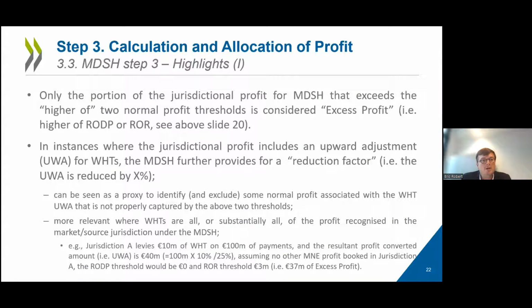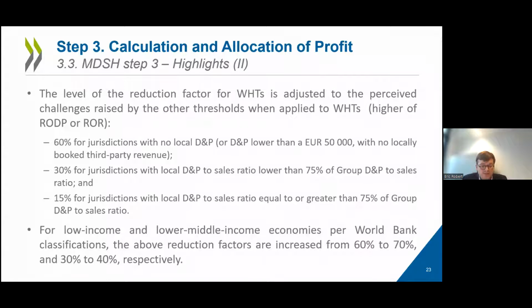If we look at the next slide, you will see that in terms of mechanics, the reduction factor has been designed with percentages that are adapted to the perceived challenges raised by the two MDSH thresholds. That's why you can see here that the reduction percentage gets bigger when the local DP is smaller.